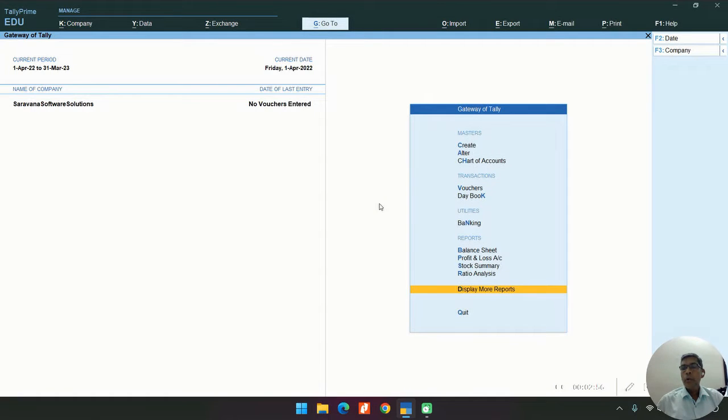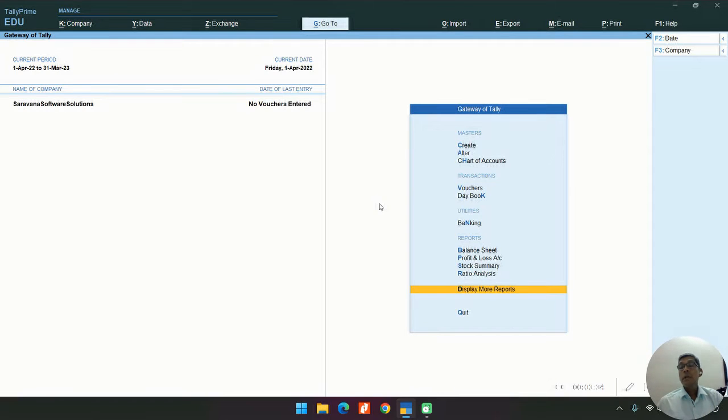The same we are going to create: a group, a ledger, a stock item, a unit of measure, stock categories, then scenarios. Only minimal differences. In the earlier version, they were given in a broad nature. Here all is combined into three headings.